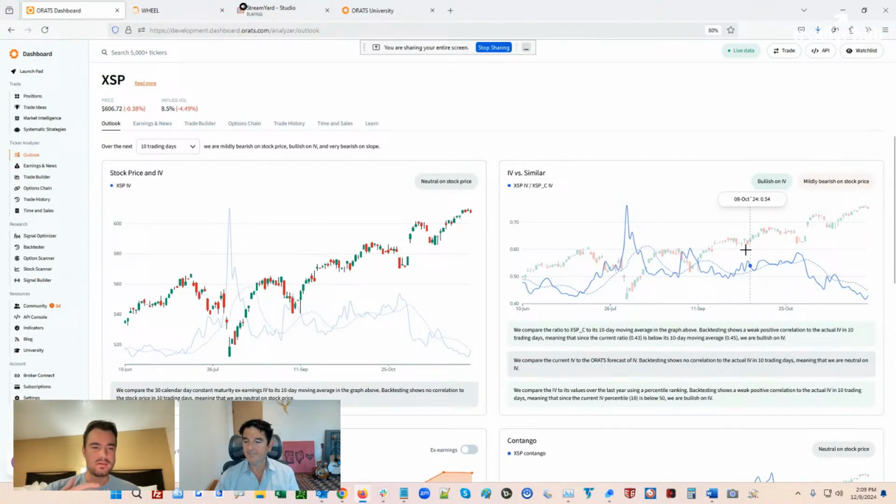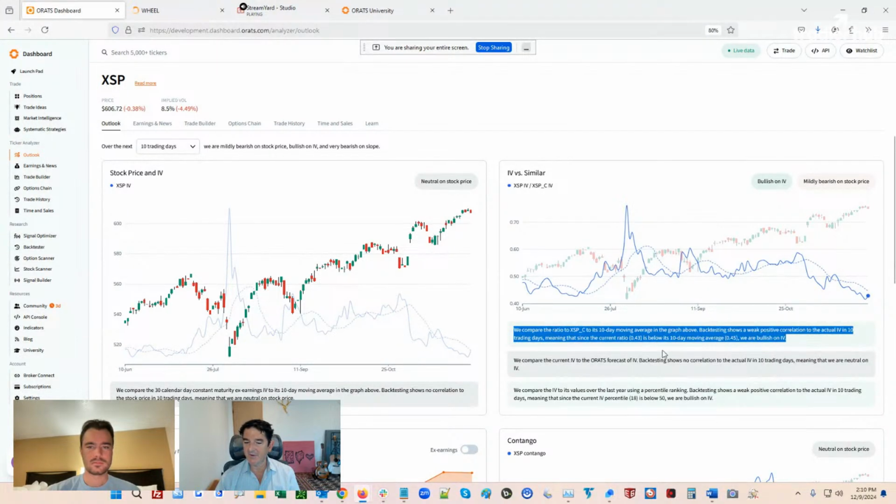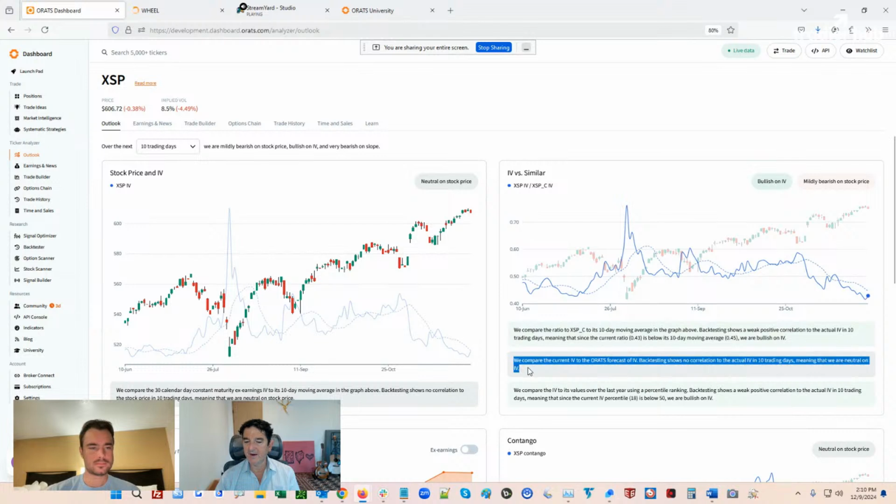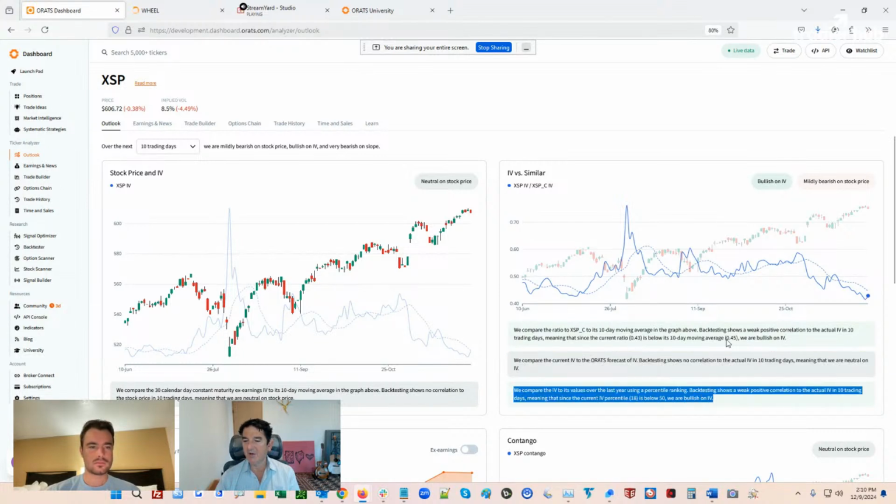If there is a positive correlation there, then we can assume it's going to revert to that moving average. That's where we derive the bullish on IV signal you see at the top of the chart. It's green, so this explanation is bullish. This explanation, gray, is neutral, and this explanation down here is bullish. So we look at things in a few different lights. Yeah, good point, Tyler.